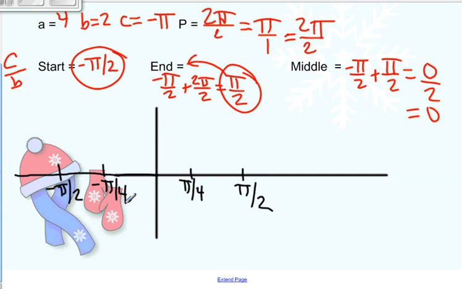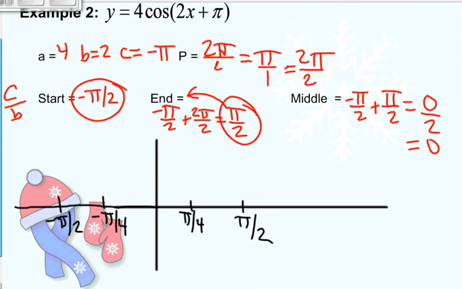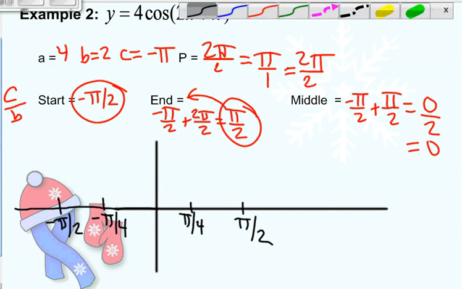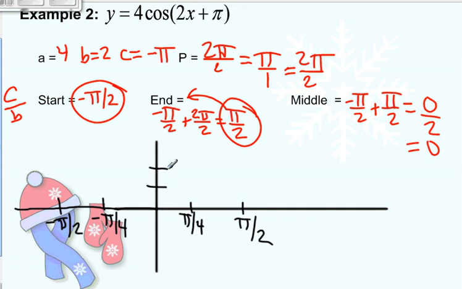But I am starting at negative pi over 2 for my cosine graph. Oh, got to put my amplitude in here. So 1, 2, 3, 4. 1, 2, 3, 4. All right, so at negative pi over 2, I'm starting my normal cosine.